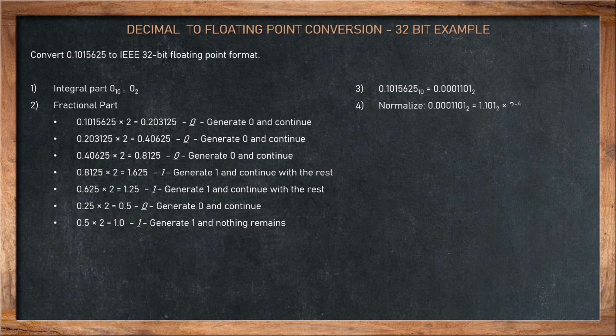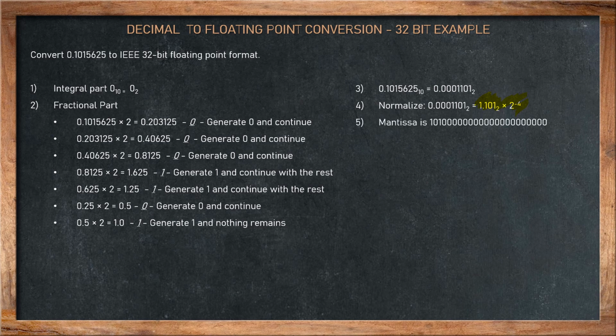Now the next step is to normalize this number, and after normalizing we got 1.101 base 2 times 2 raised to minus 4. After normalizing, we have everything: the sign, the mantissa, and the exponent. Now time to set all the blocks.